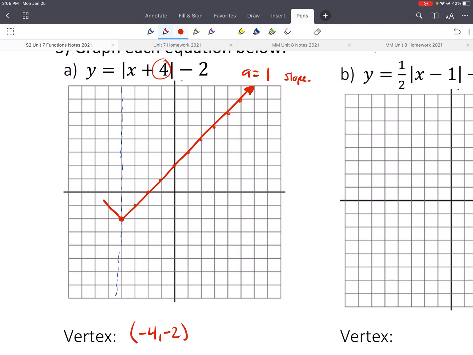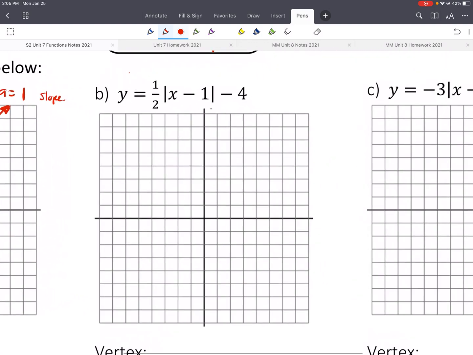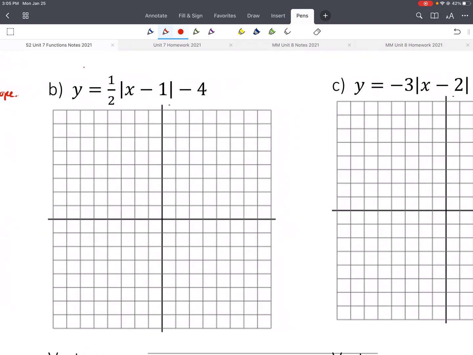So the other side is going to look like this. To graph, we plot our vertex, we use a as our slope for the right side, and then we mirror it over to the opposite side.